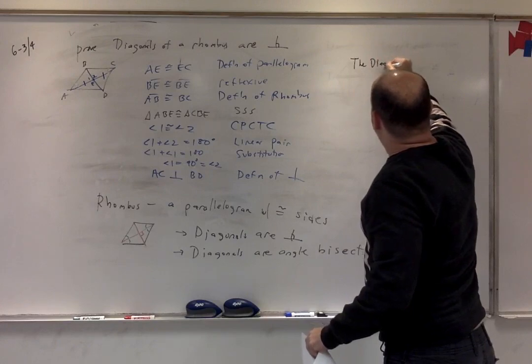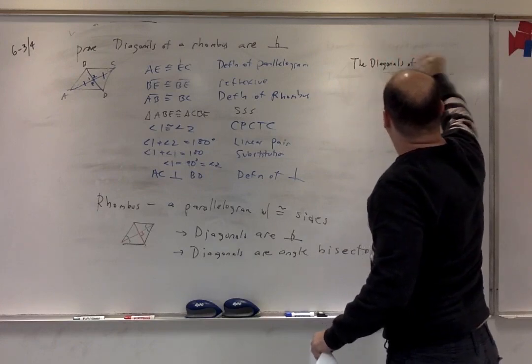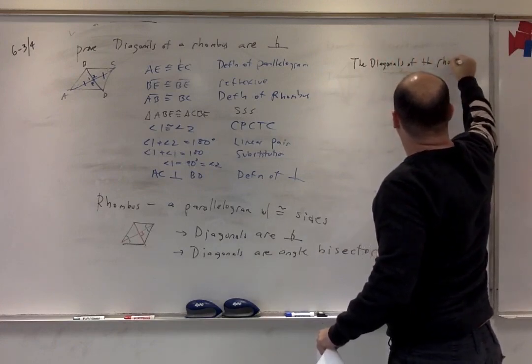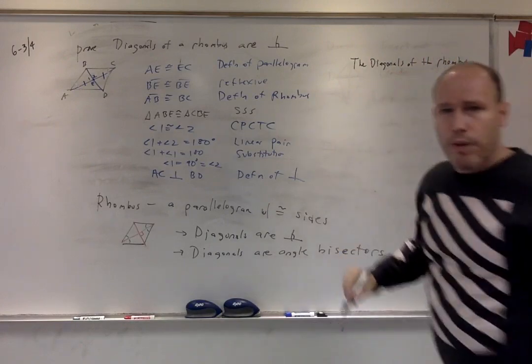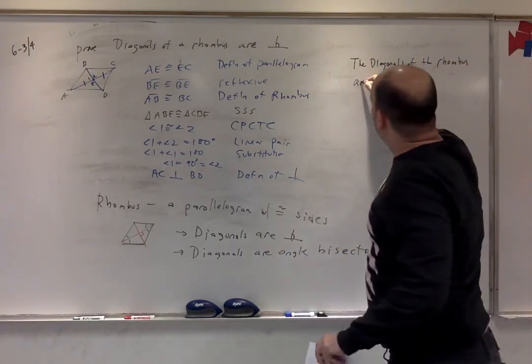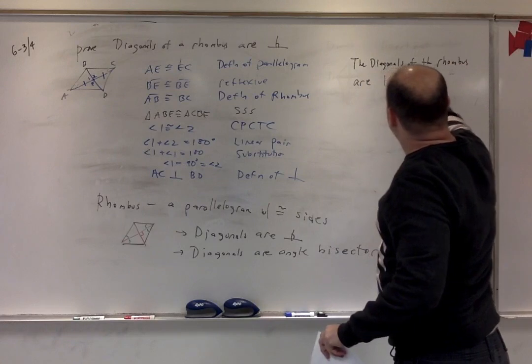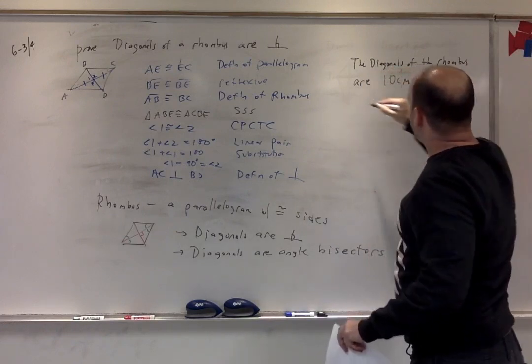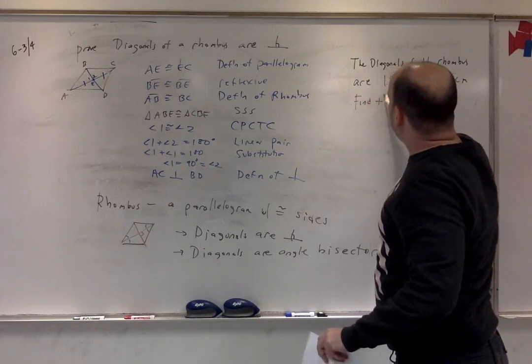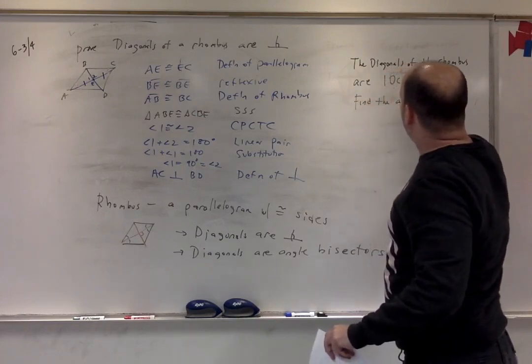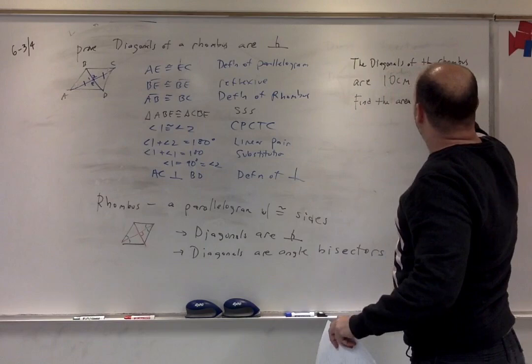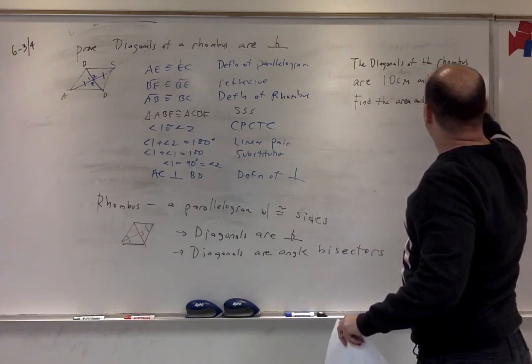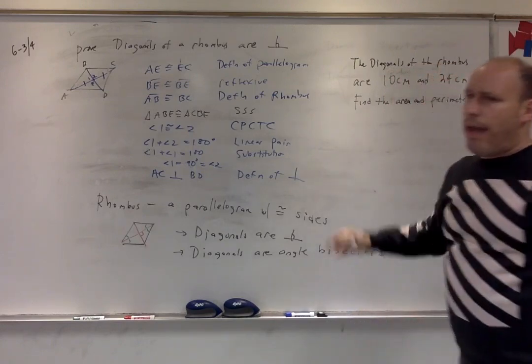The diagonals of the rhombus, can you see over there? Are 10 centimeters and 24 centimeters. Find the area and perimeter, in either order.